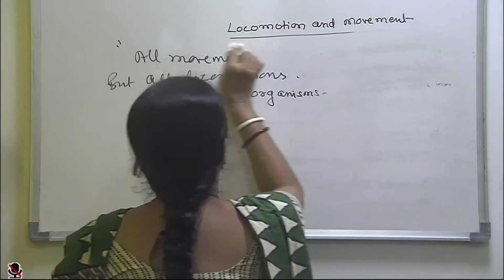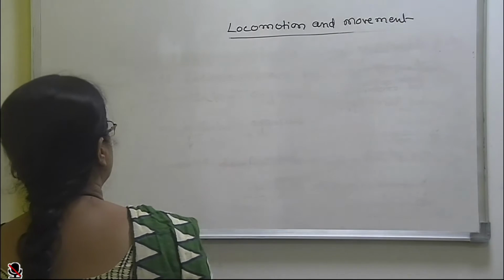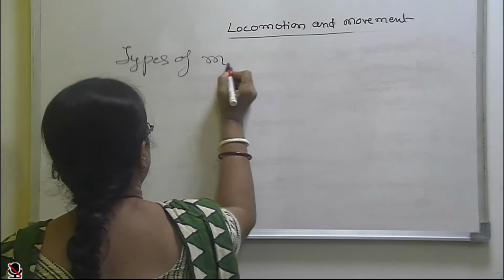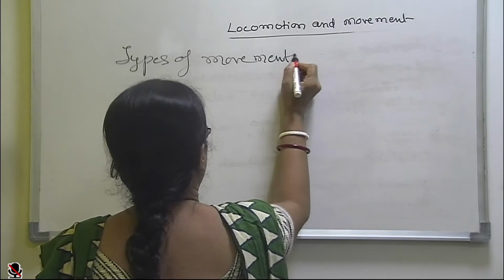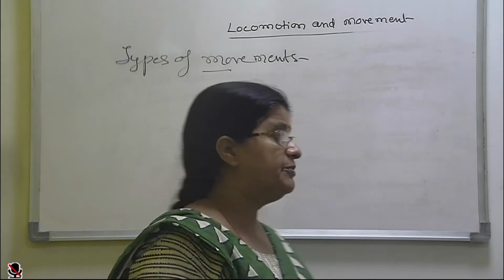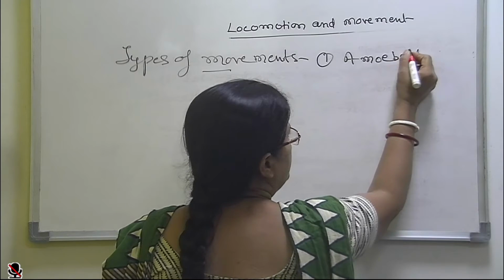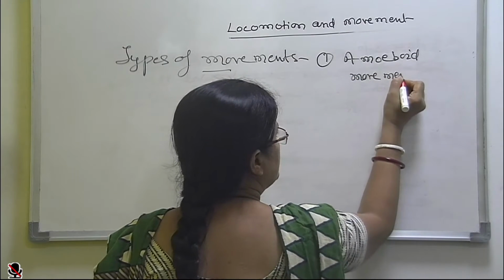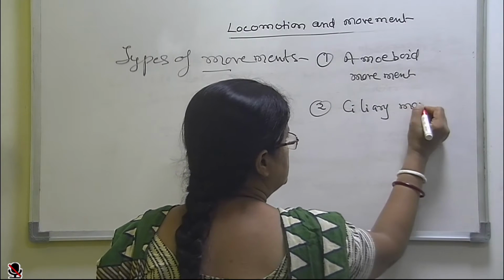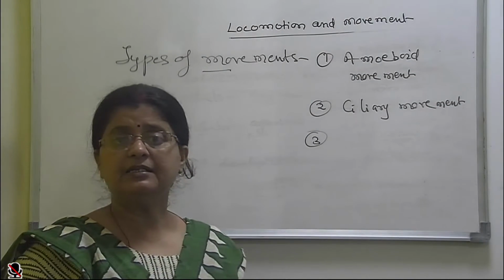Now let's see what are the types of movement. This movement can be amoeboid movement, ciliary movement, and the muscular movement.